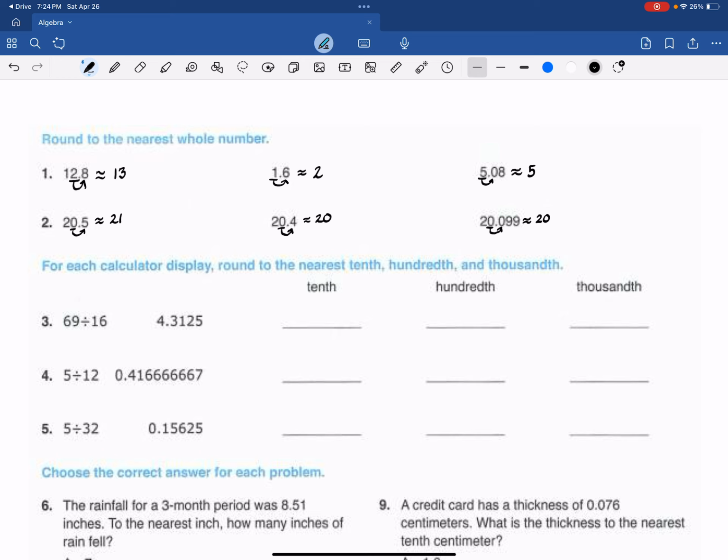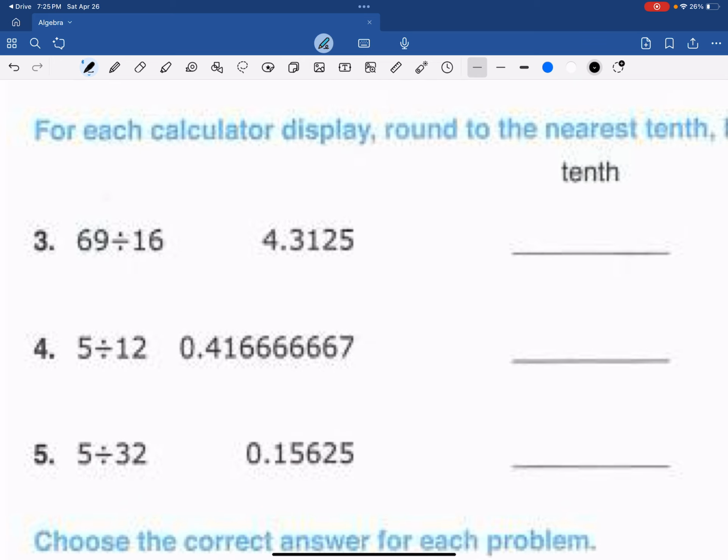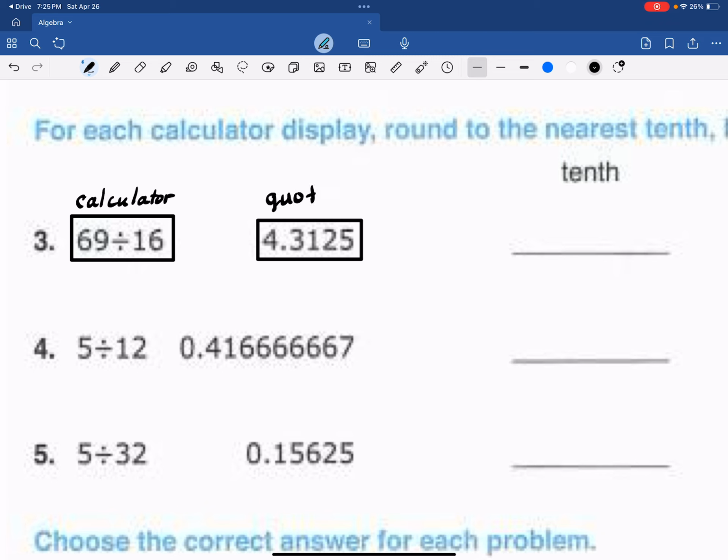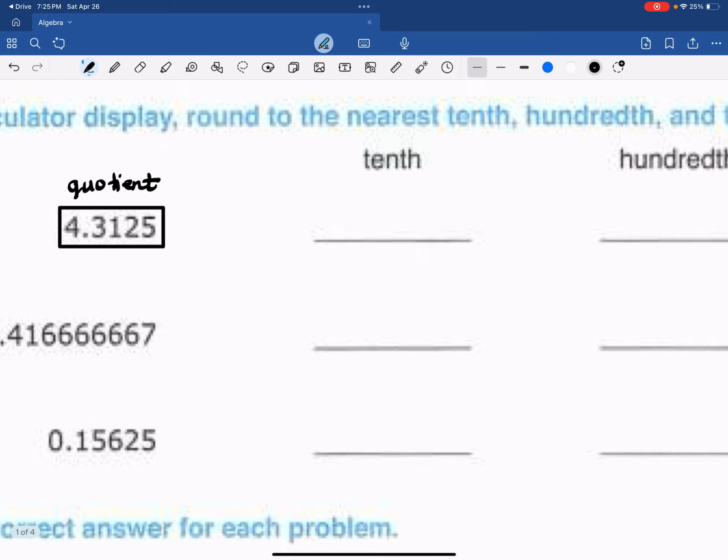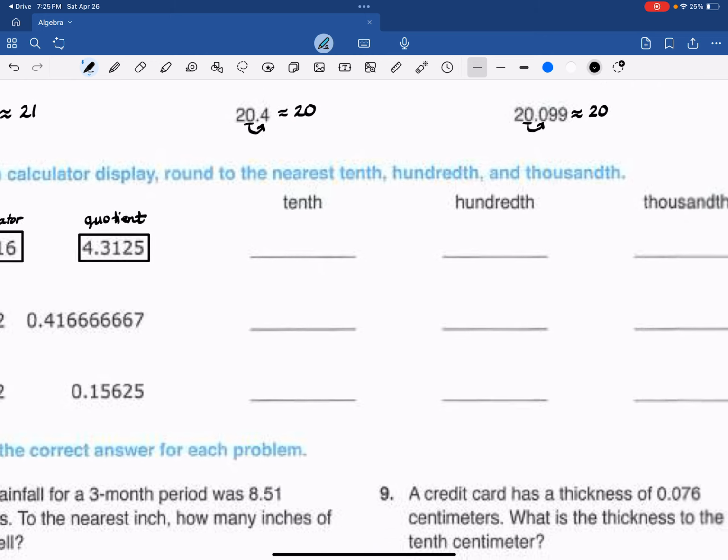Number 3. The problem, if you put it in your calculator, is this one. This goes in the calculator. The answer, this is called the quotient. It's your answer. And then they want us to round to the tenth, the hundredth, and the thousandth.